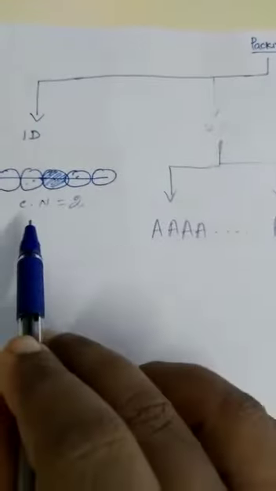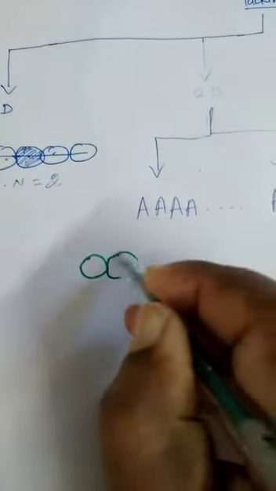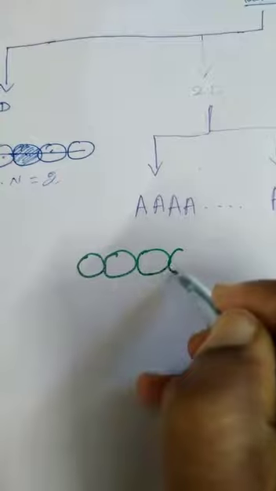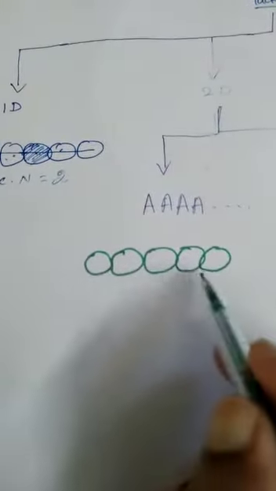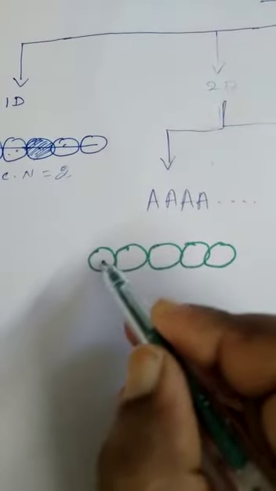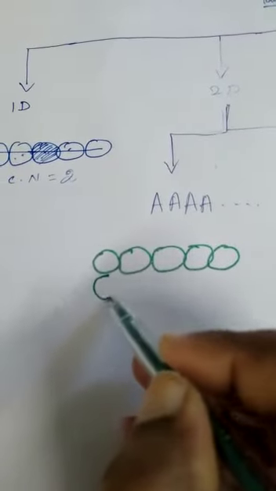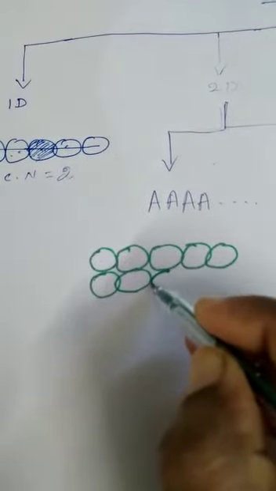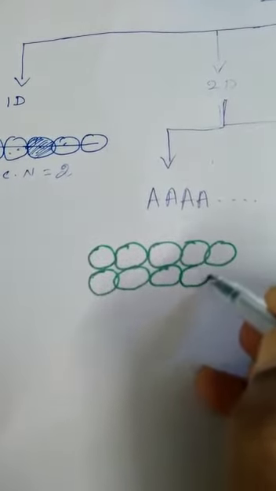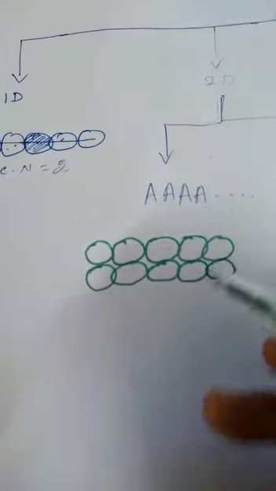I'm taking the one-dimensional arrangement for this AA. I'm drawing one set of atoms, 1, 2, 3, 4, of similar size. Just below the spheres, I'm going to draw another row of spheres, 1, 2, 3, 4, 5.